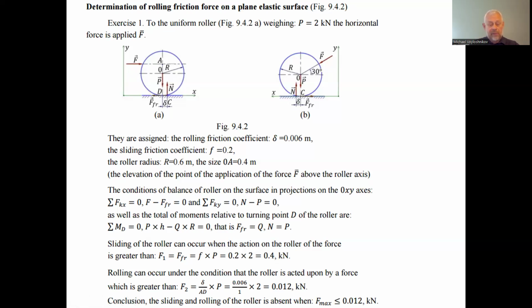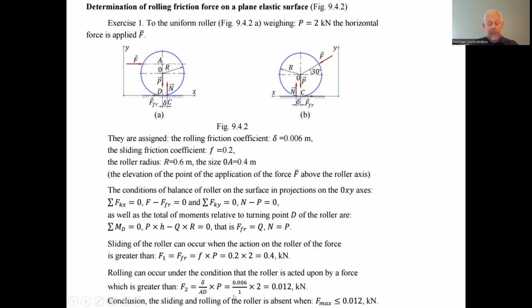And the shapes of the support and the wheel have elastic deformation. But anyway, in the process of rolling, we have the arm, the shift of the application of the points N and P. So this is 0.006 divided by 1 meter AD, multiplied by 2. 2 is the N, P is 2 kilonewton, the horizontal force applied. So next we have 0.012 kilonewton.